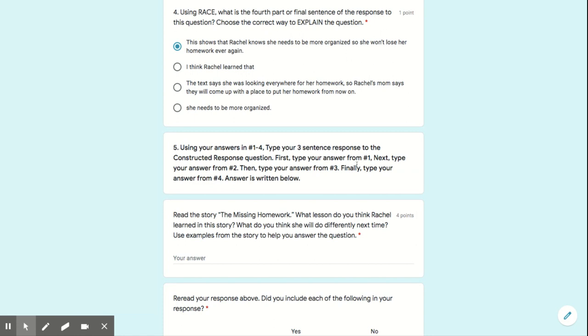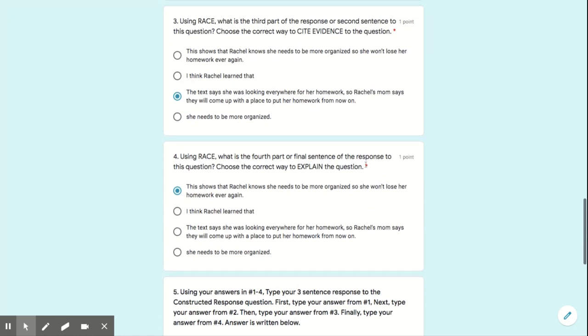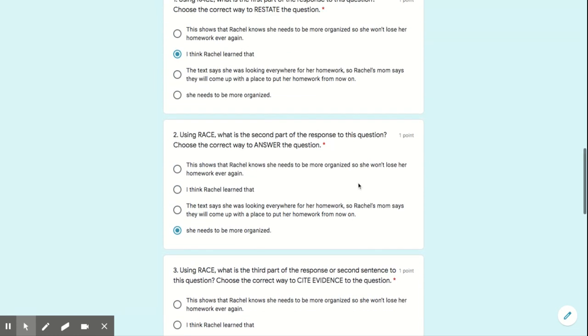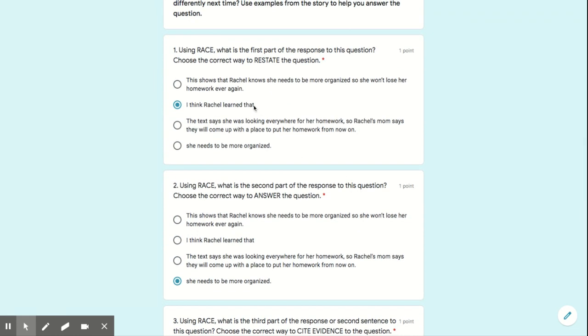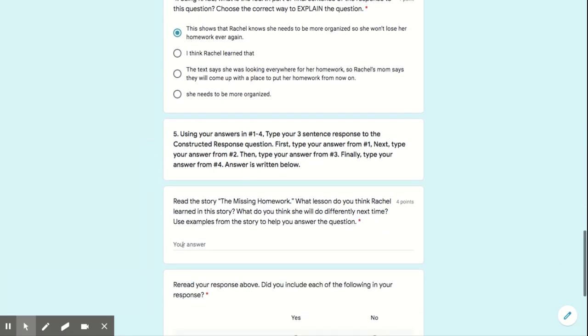First, type your answer from number 1. So I'm going to go up and type my answer from number 1. If you remember how to copy and paste, you're more than welcome to do that. You push Control C, and then you go down to the line, and then you push Control V.